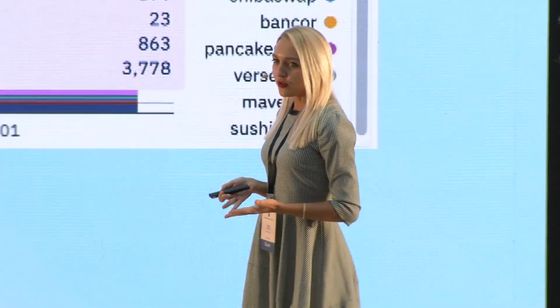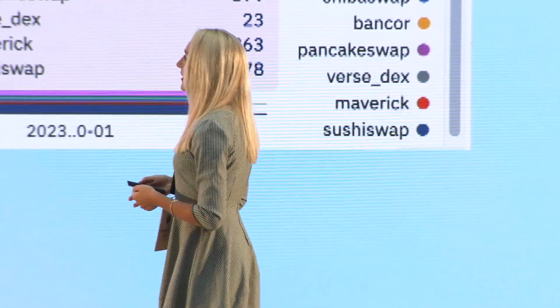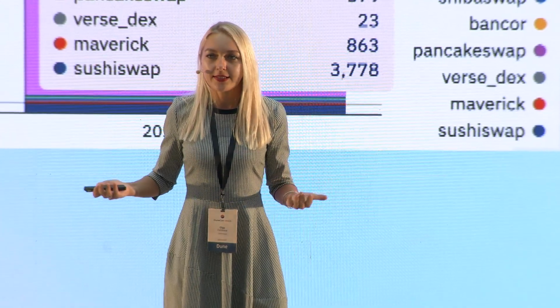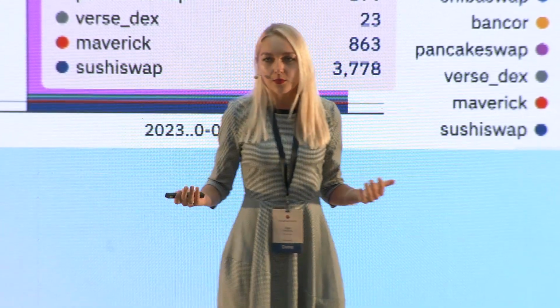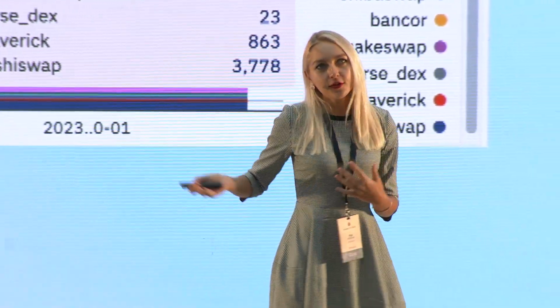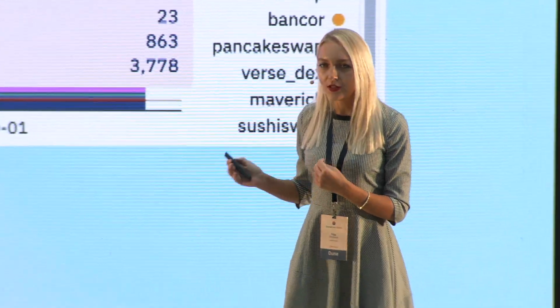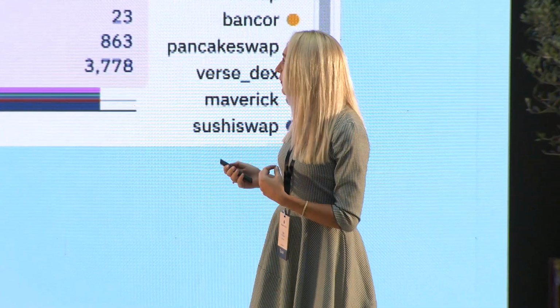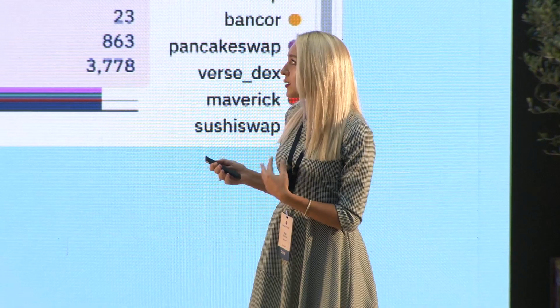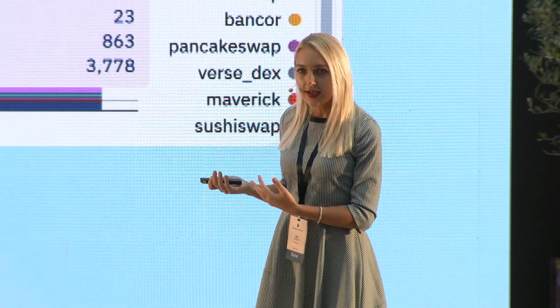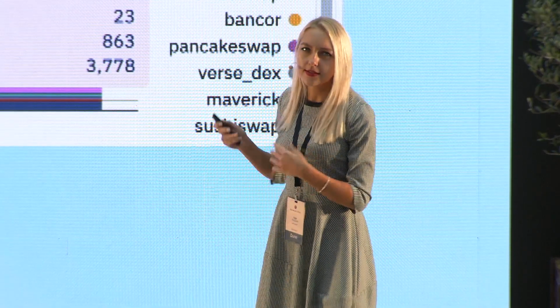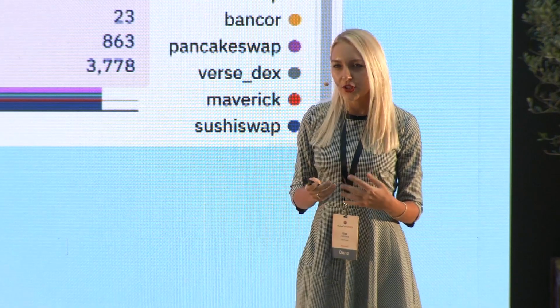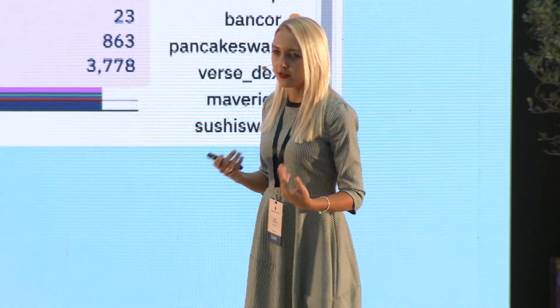But what we also learned recently is that sandwich attacks still exist on other protocols, on other projects. So here, for example, I'm showing you a very easy way how you can get an insight of the number of sandwich attacks on other DEXs. The way it's calculated here is a very, very lower bound calculation, but it's quite easy to get using Dune Analytics.